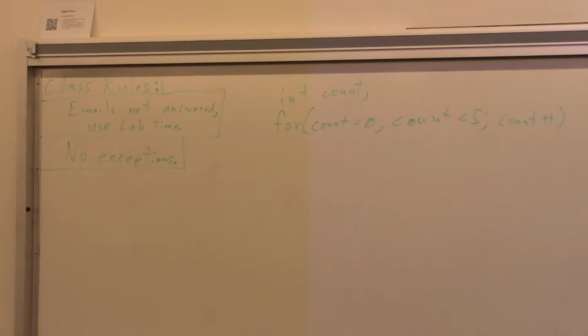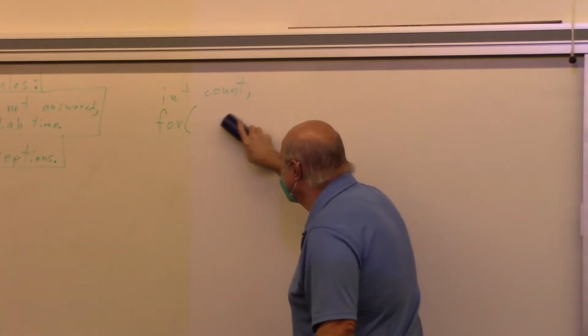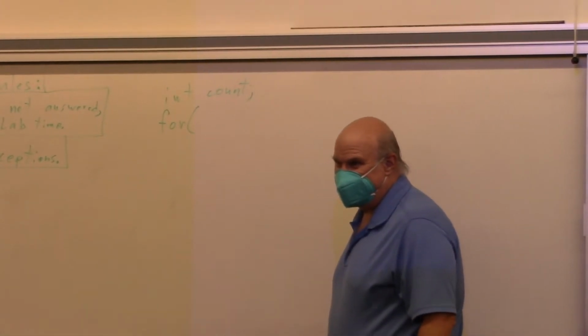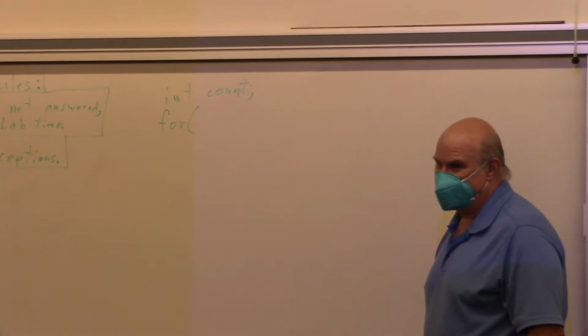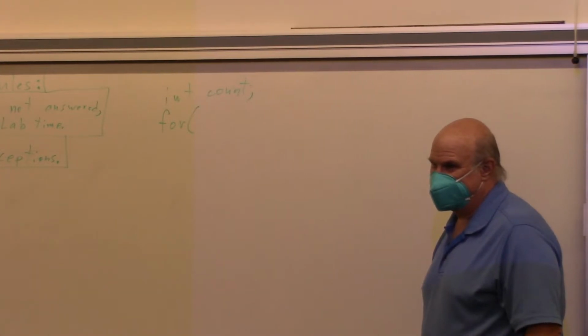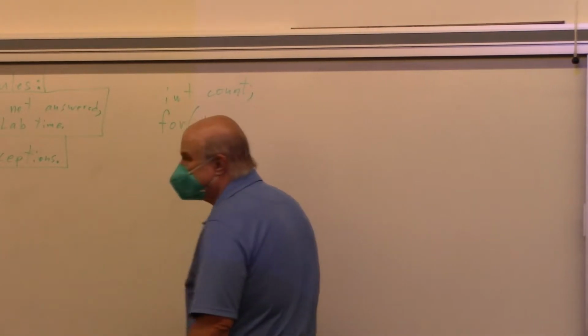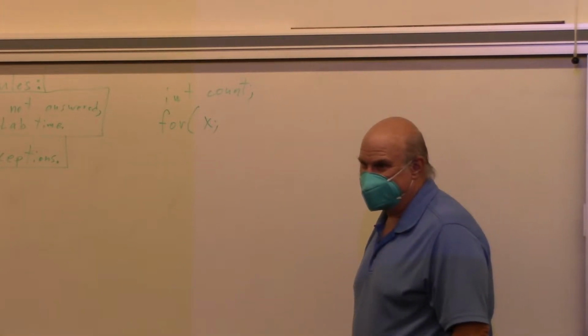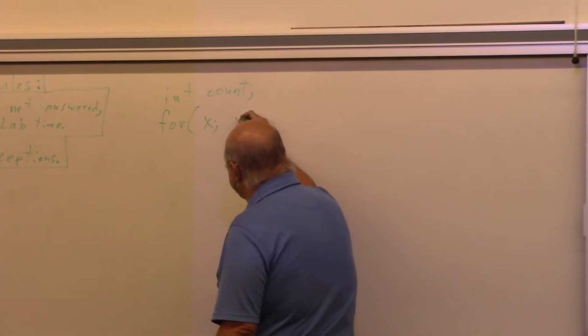Okay, who else did this differently? So, I created an integer count. And then for the actual x itself, I set count equal to x first, I think.